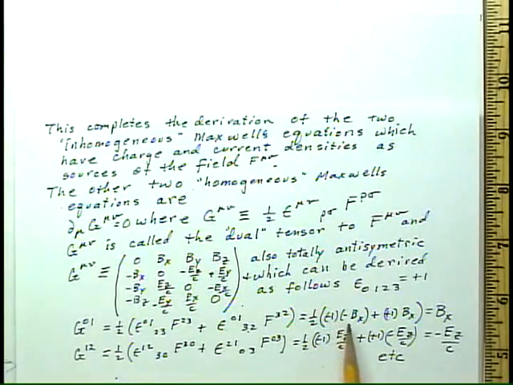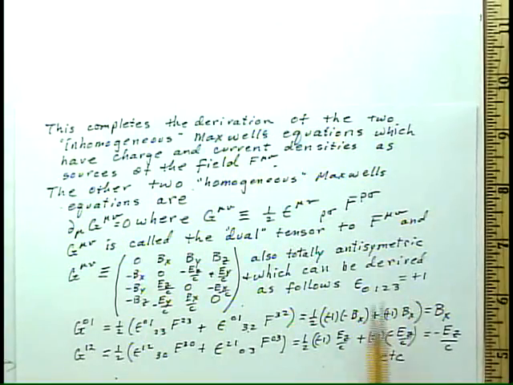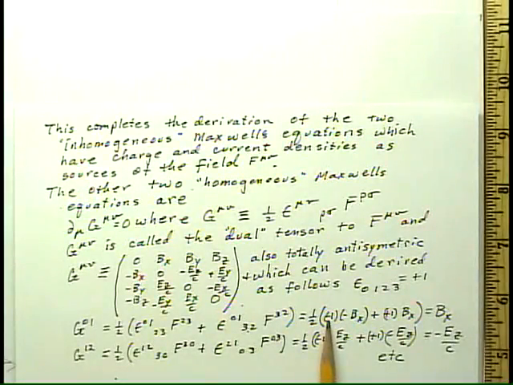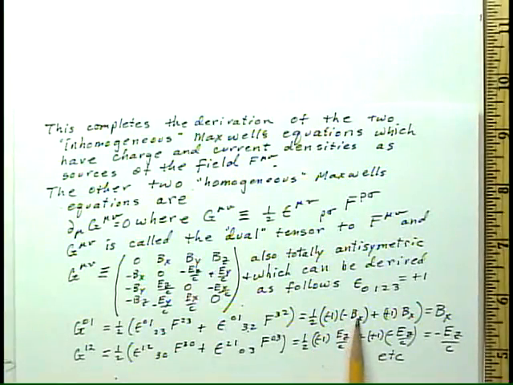In this first one, F23 is minus Bx, and the epsilon with upper 0, 1, 2, 3 is minus 1. We can see that because if we drop a 0, we do not change the sign, but if we drop a spatial index 1, we do change the sign. Therefore, we have changed the sign once away from a positive sign, which means that this would be equal to a minus, in lowering this index, minus a minus Bx.